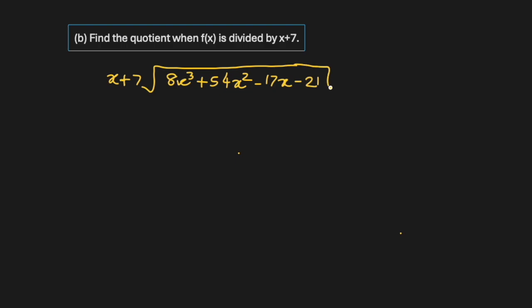So let's divide this like we did one of the previous questions. To make 8x cube, I have to multiply by 8x square, so that it becomes 8x cube. And 7 multiplied with 8x square will give me 56x square.